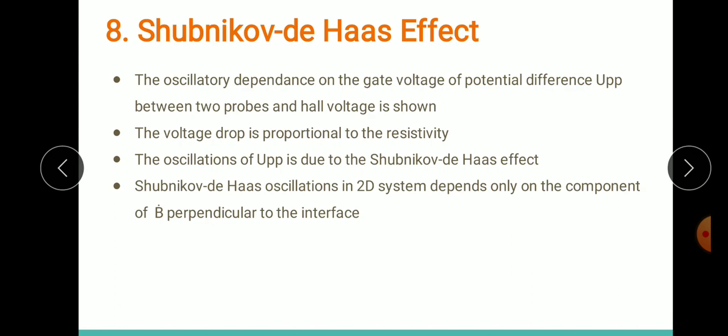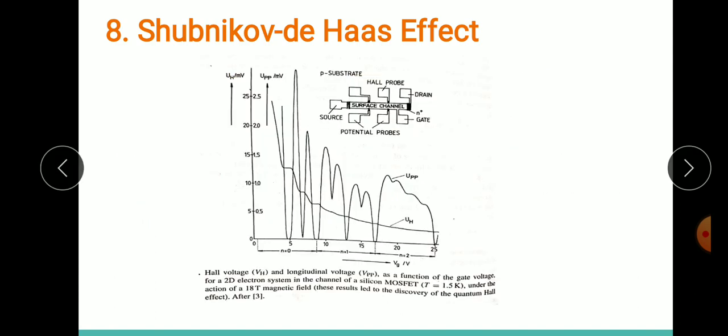And the oscillation produced by SDH in a 2D system depends only on the component of your magnetic field which is perpendicular to your interface. It just considers the magnetic field component which is perpendicular to your interface.